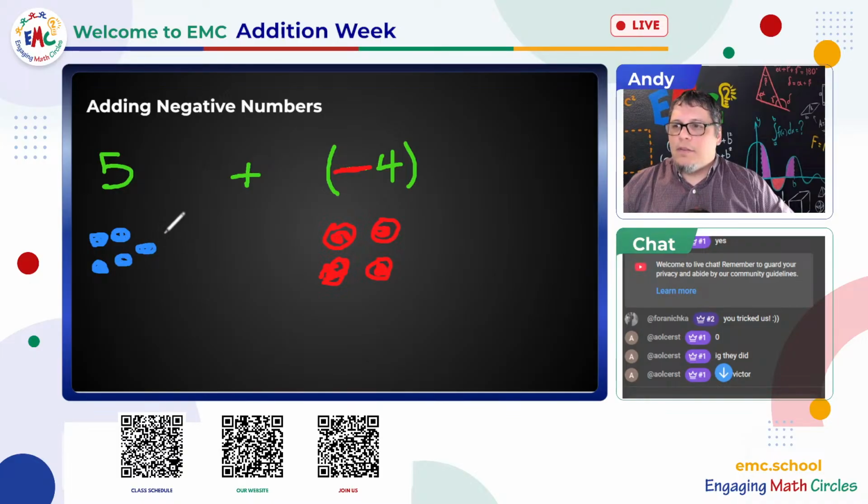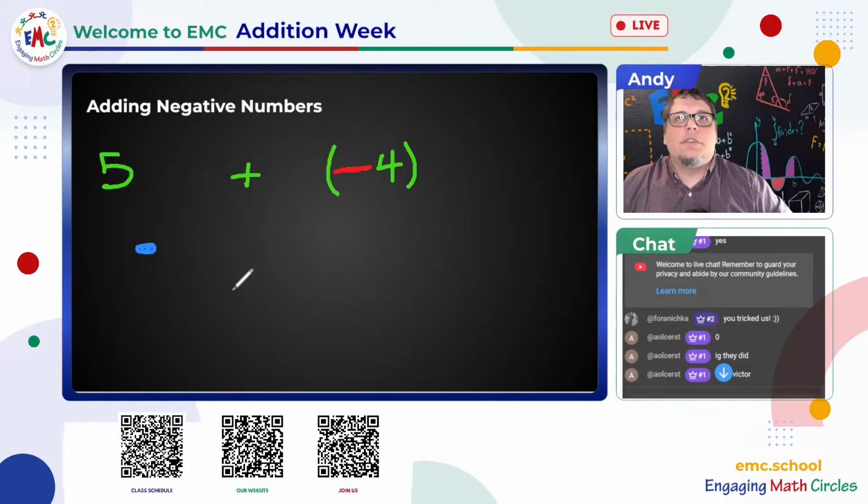If I have 5 positive circles and I'm adding 4 negative circles, the -4 makes them negative circles, these are going to combine and go poof. A positive circle and a negative circle make no circle. Cancel, cancel, cancel. And what do I have left, Victor? One. Just one blue circle. Just one. So my answer is 1.